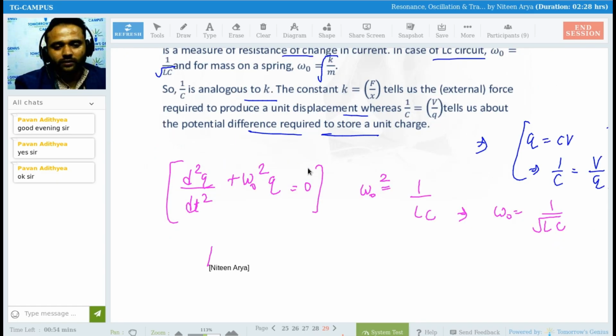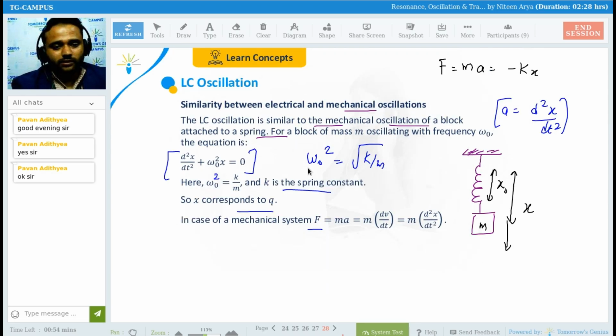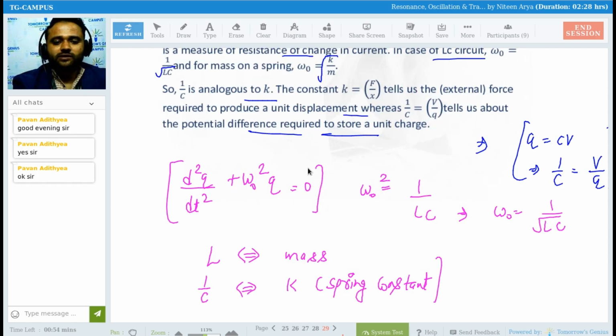So here you can write it down: L is analogous to mass, meaning inductor is analogous to mass, and 1 by C, not C, is analogous to the spring constant k. Rest everything is the same. Like in this scenario the mass oscillates, here the charge oscillates.